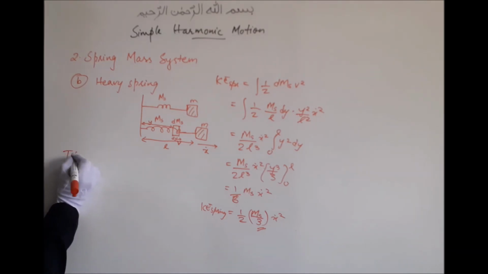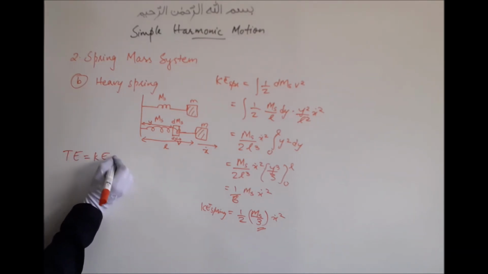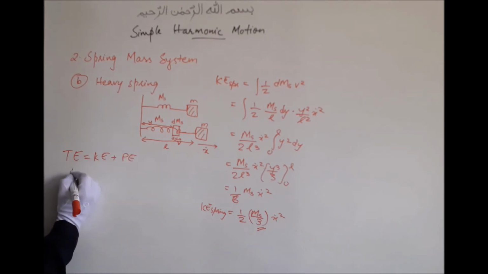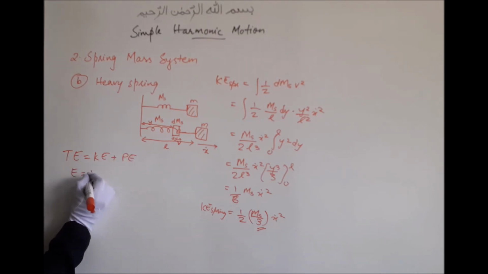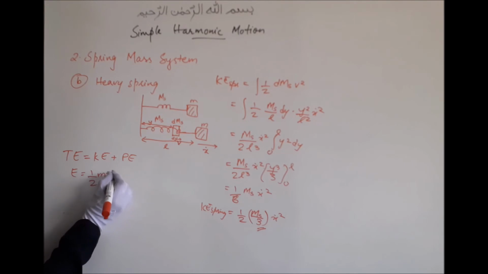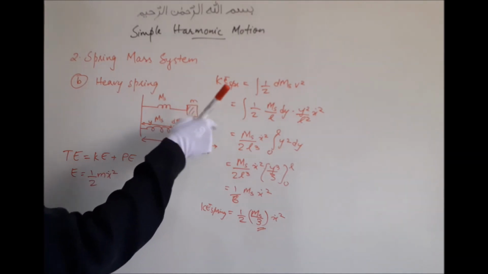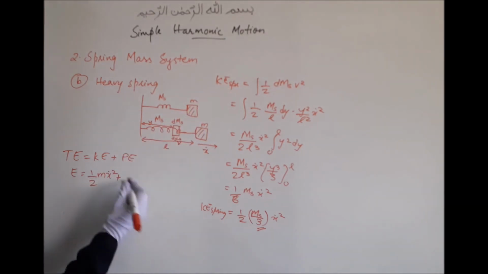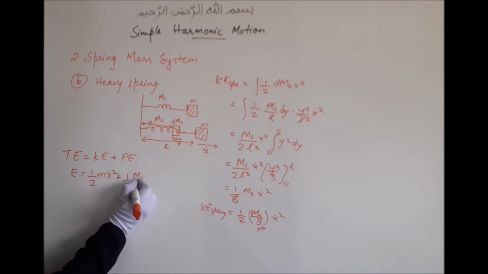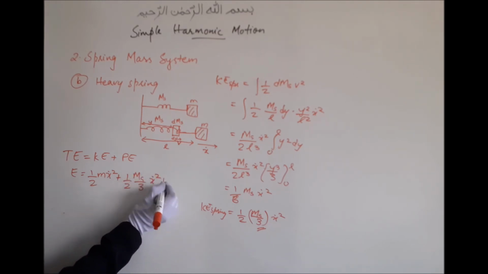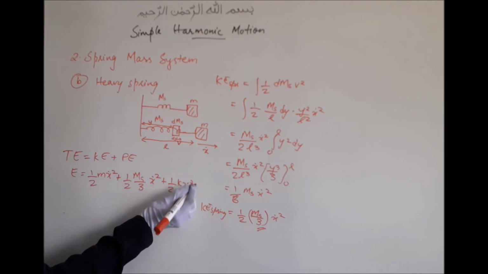The total energy is the sum of the kinetic energy plus the potential energy, and this total energy comes out to be half m x dot squared, that is the kinetic energy of the bob, plus the kinetic energy of the spring, half ms upon 3 x dot squared, plus the potential energy of the spring, which is half k x squared.